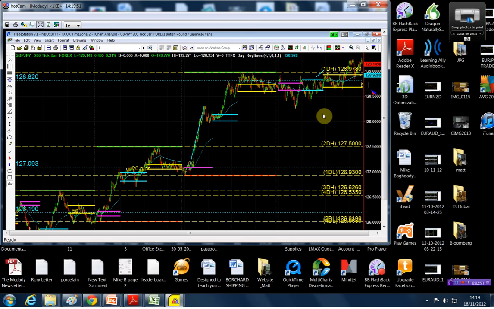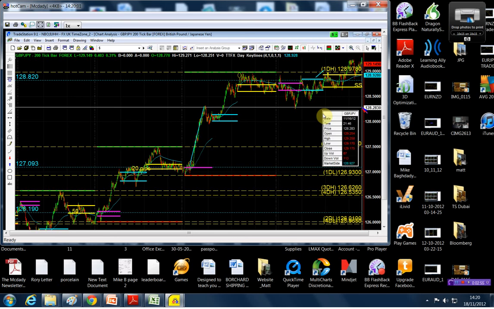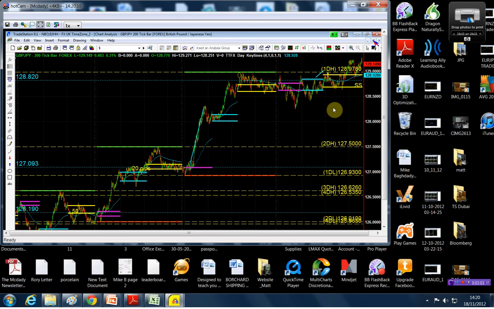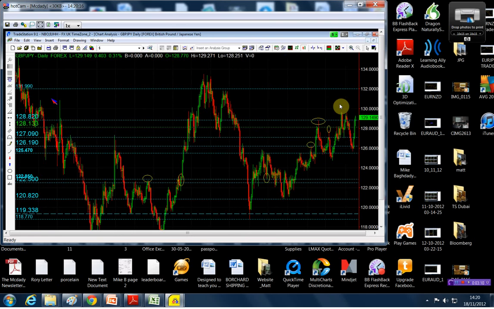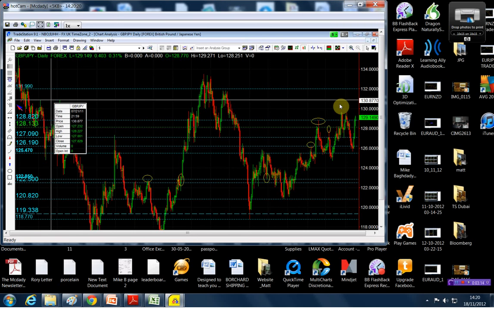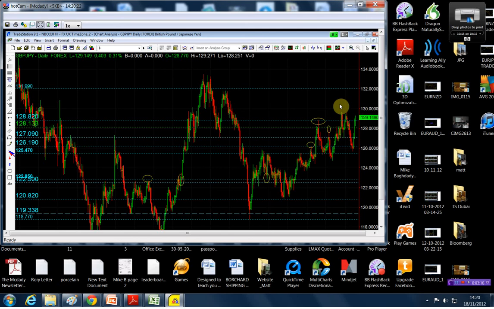On the long side, the high of the day is 129.25. It's only 10 pips away. So I'll buy it above the high of the day. And I want to see if I have a structure long point. The next structure long point is, I mean, we can use this as a significant point, not a structure point.